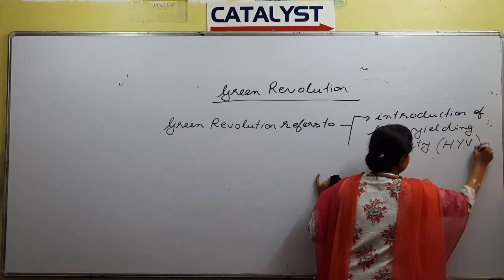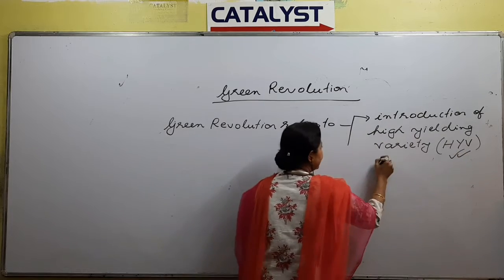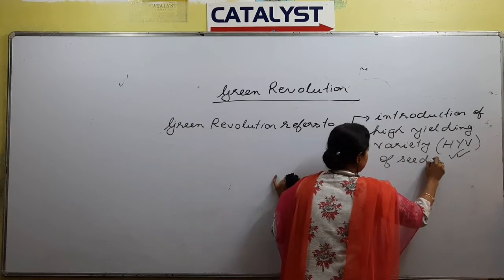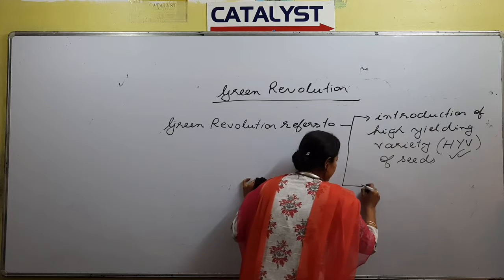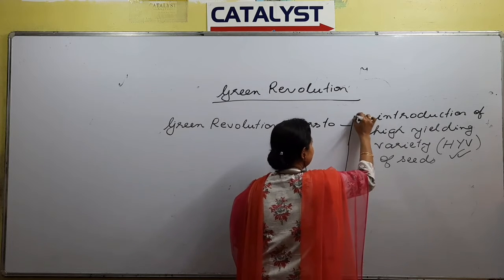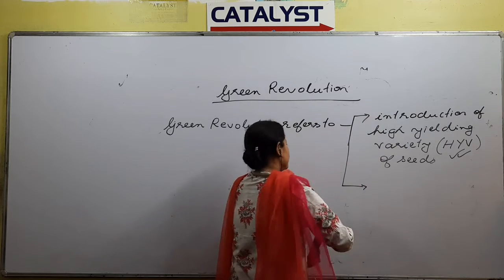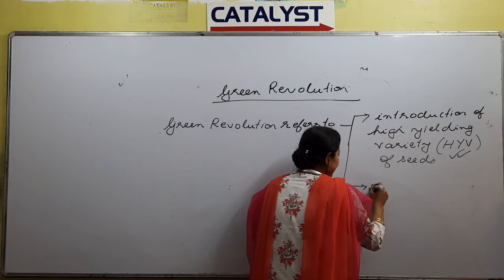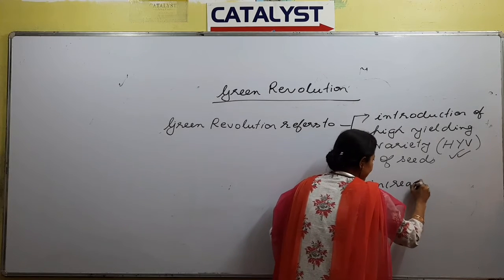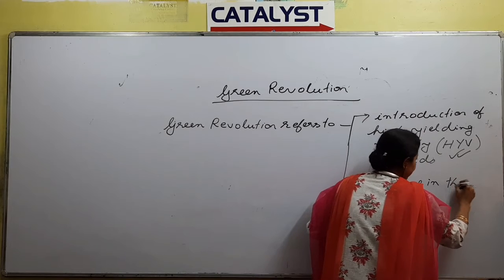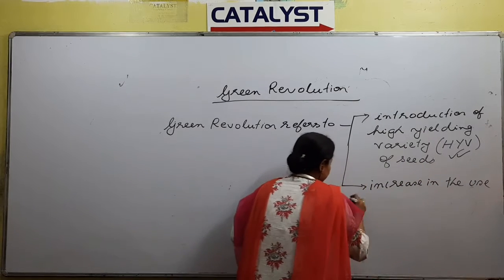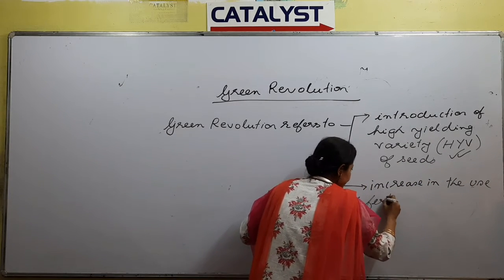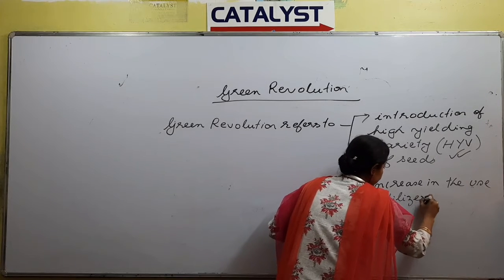Remember this, high yielding variety of seeds. So green revolution at ki korisile? High yielding variety of seeds ki korisile? Introduce korisile. Next is increase in, it also led to the increase in the use of fertilizers and irrigation.